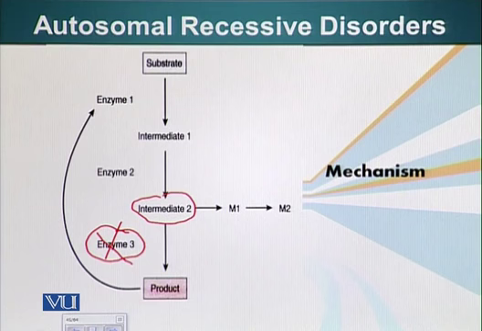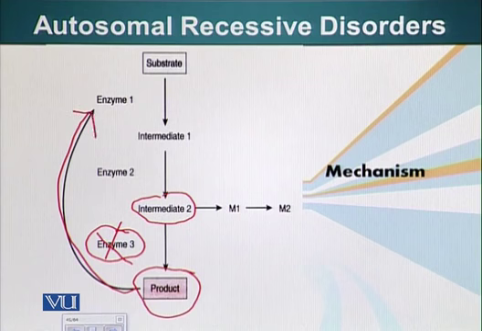So one of the ways it will cause defect is that the product would probably be an essential protein that is required for the cell. So now cells don't have access to the product, and cells need this product to function normally. So that would result in compromised cell activity or a disease. The other reason why enzyme mutations can cause the disease is, please note that this product is basically inhibiting enzyme number 1.